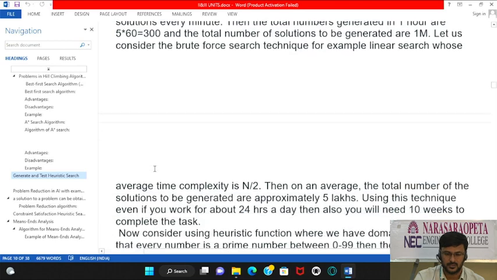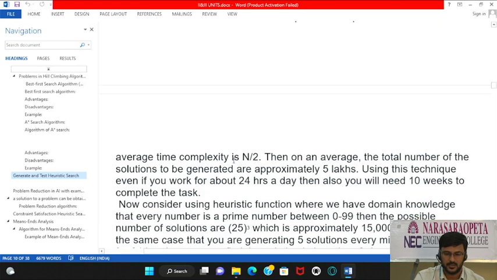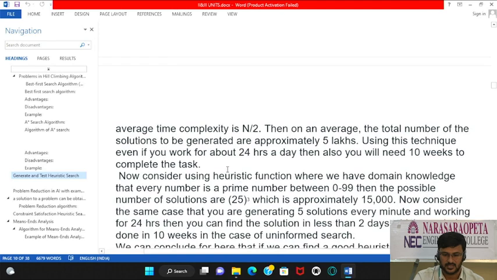Consider the brute force search technique, whose algorithm complexity is n to the power n. The total number of solutions generated is approximately 5 every minute. Using this technique, even with good performance, it can take a very long time to complete the task. Now consider using the heuristic function, where we combine the knowledge that every number is a prime number between 0 and 99.